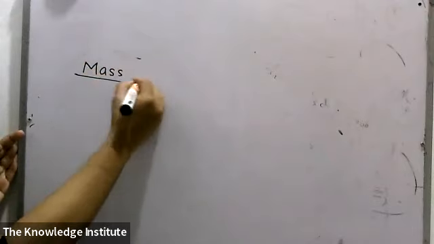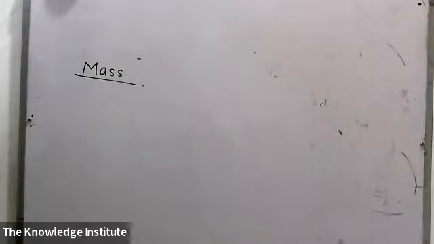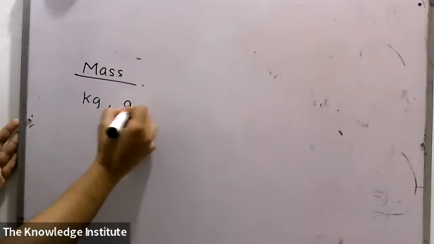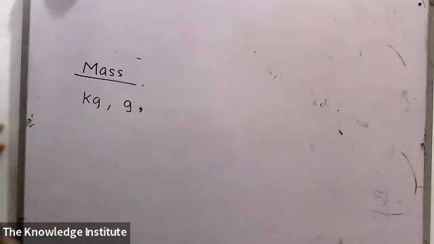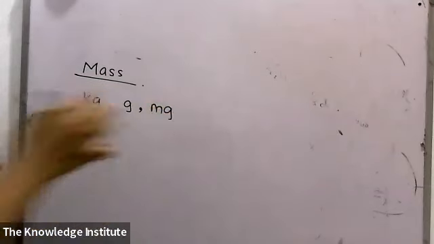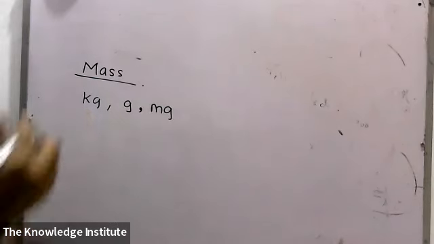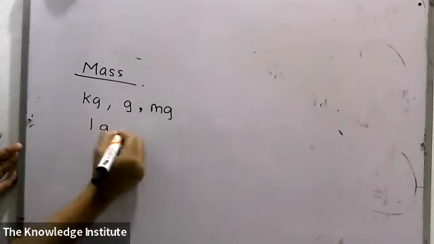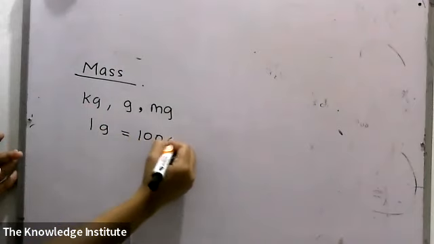Tell me what are the standard units you know in mass? Kilogram. Gram. Milligrams. Milliliter is related to volume, no? So remember that in 1 gram, we have 1000 milligrams.